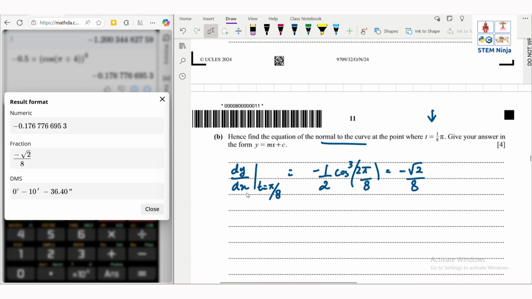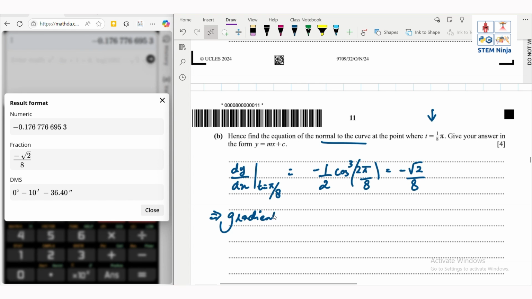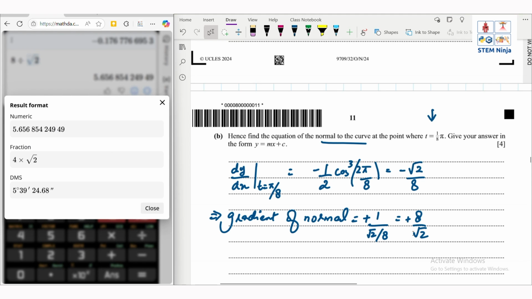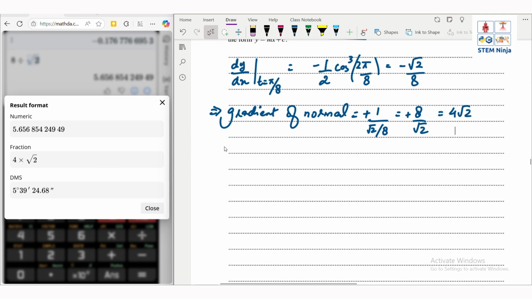So this means that the gradient of the normal is going to be minus 1 over minus square root 2 over 8, so plus 8 over square root 2, that is 8 divided by square root 2, which is 4 square root 2. Right, okay. Now we need the equation of the line.